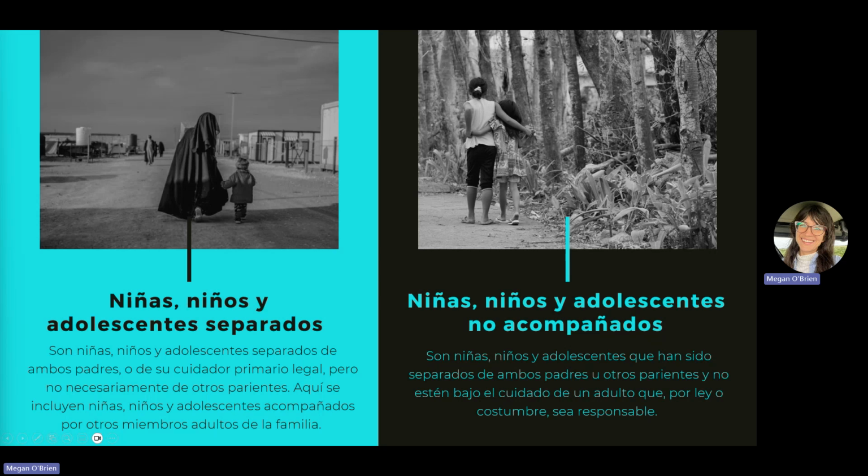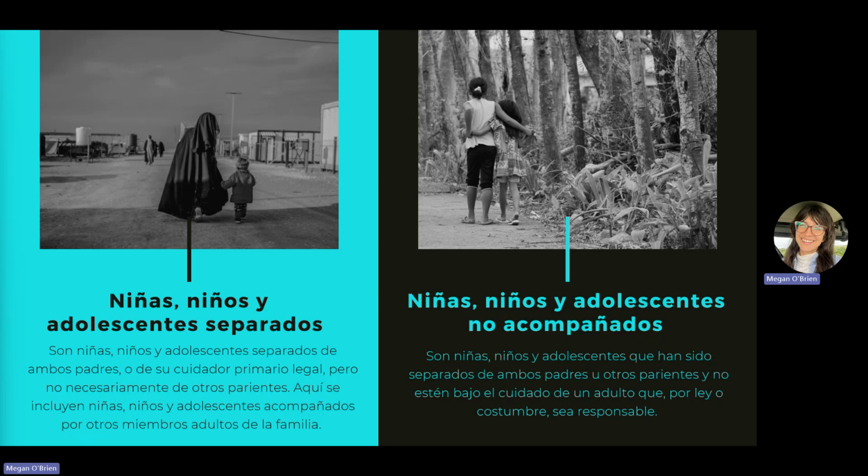The next question on the intake form is asking about separated children. Separated children are children who are separated from both parents or from their previous legal or customary primary caregiver, but not necessarily from other relatives. These may therefore include children accompanied by other adult family members.